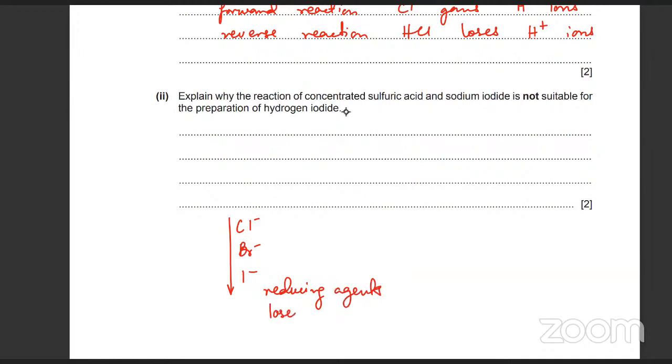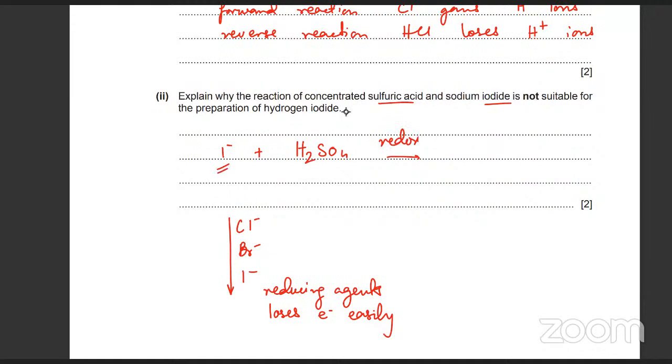So I-1 loses electrons easily. When you react I-1 with H2SO4, you don't get a displacement reaction, you get a redox reaction.